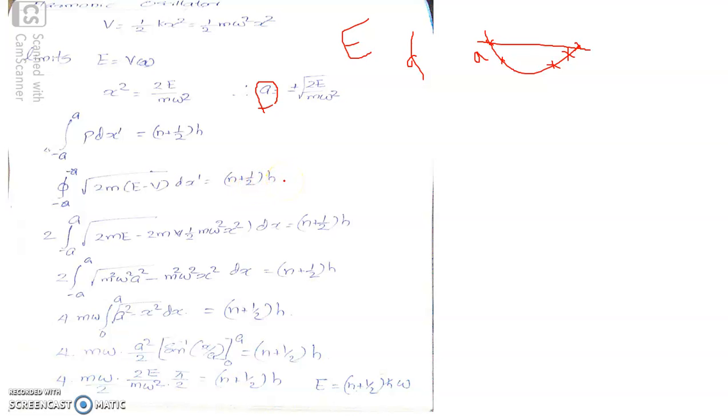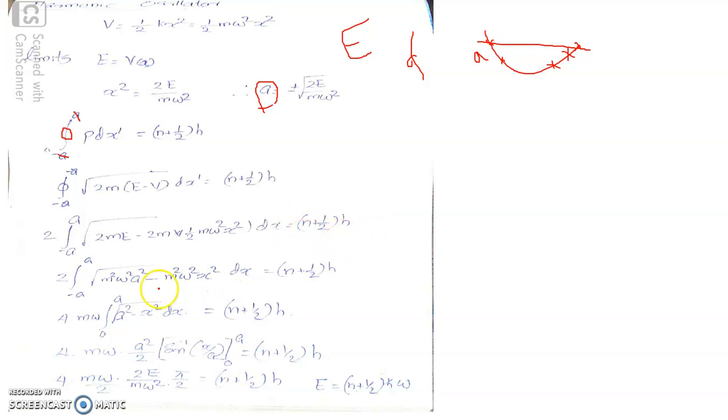Now the closed integral result is used, so this is 2 times the integral from minus a to a of root of 2m into E minus 2m into V. Instead of V, I have put half m omega square x square, dx.